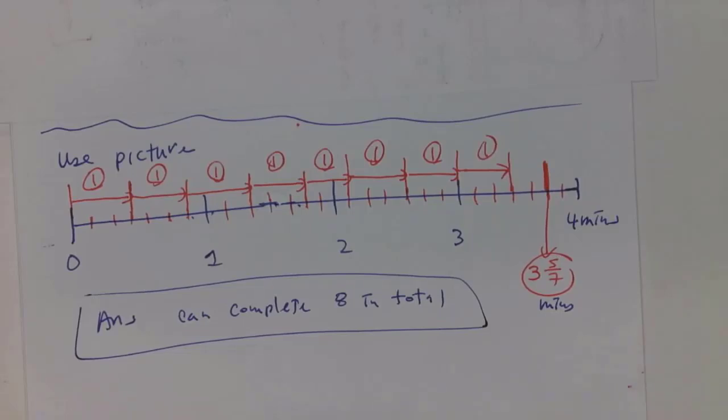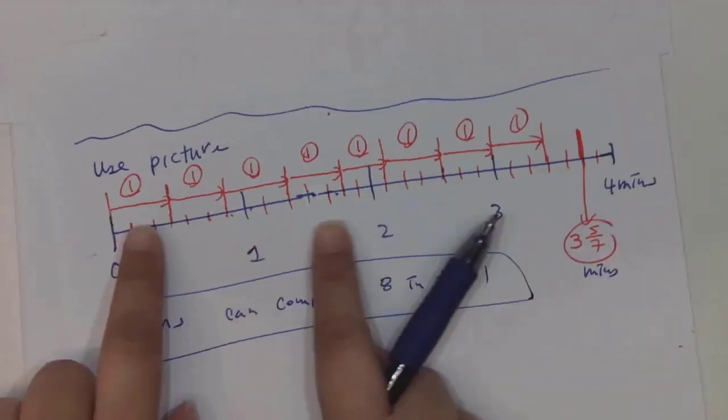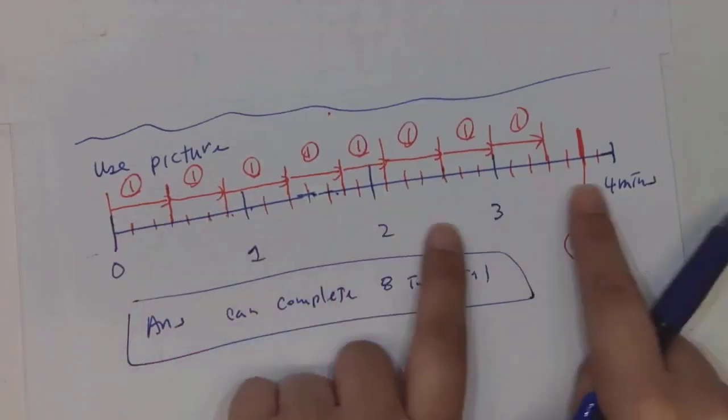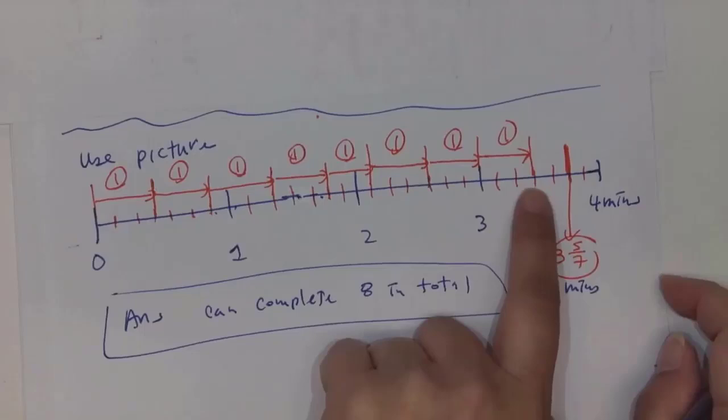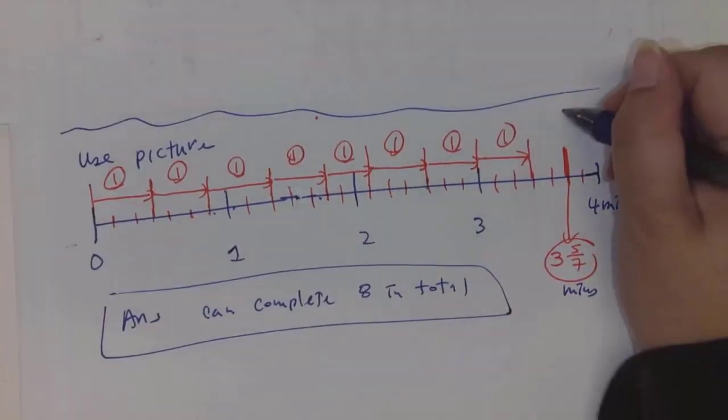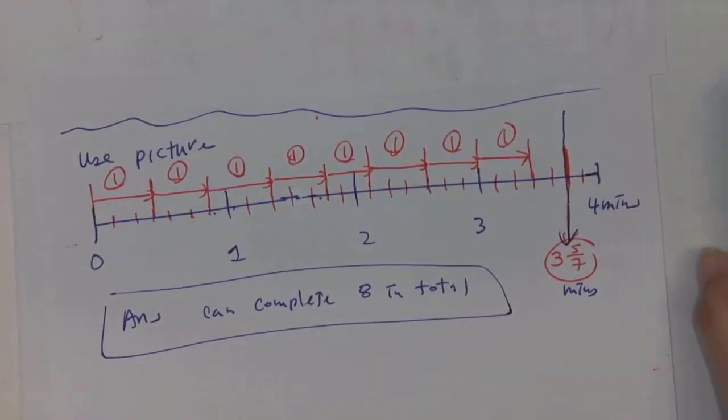Oh, I think we made a mistake. Wait, I think, no. So each one should be 7, 7, 7. The last one you only have 5. You may have to redo it.